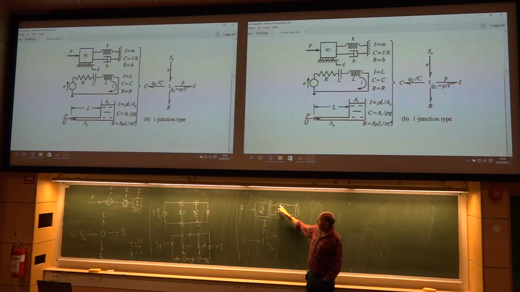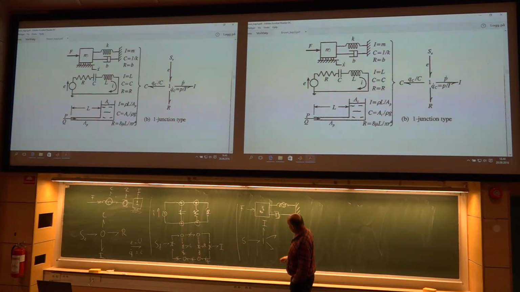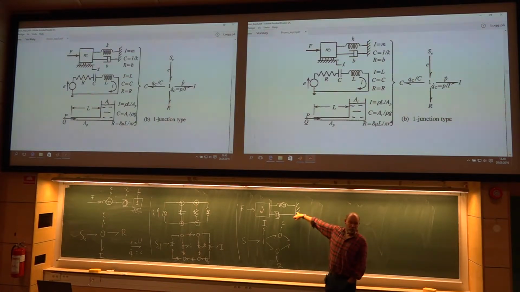And here the philosophy was the same force on each side, so insert them with 0 junctions. So here, 0, 0, and here we have a spring. Down here we had a resistance. And then finally they join together here at another point where you have the same unique velocity. That's a 1 junction.